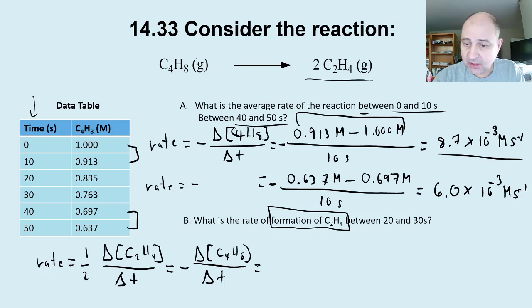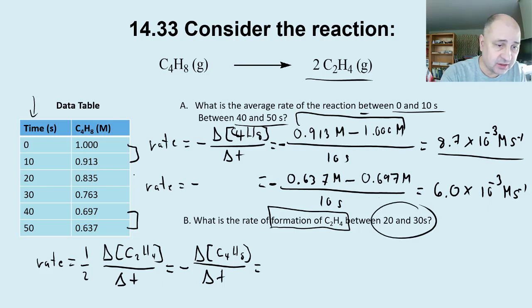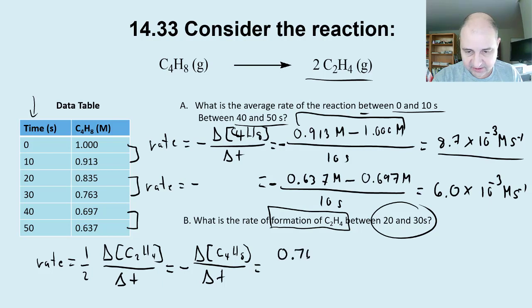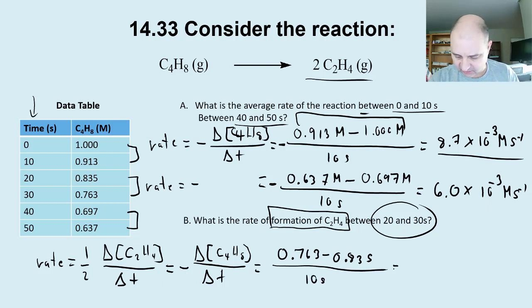So between 20 and 30 seconds, we have 0.763 minus 0.835. That was the initial concentration. I'm leaving out the units. Shame on me. Divided by 10 seconds. That gives me a rate of 7.2 times 10 to the minus 3 M per second.